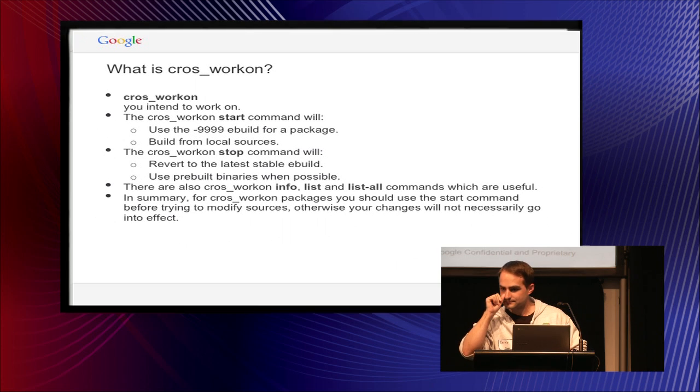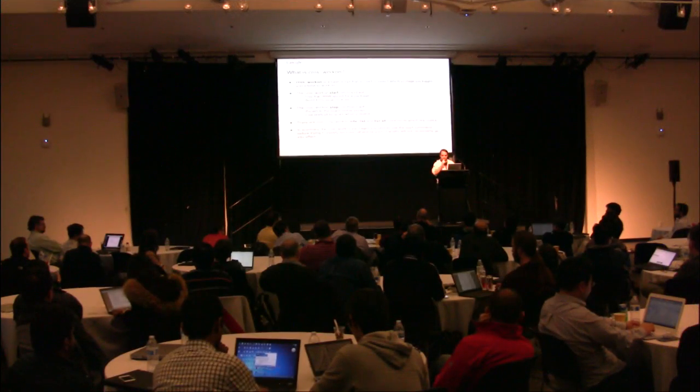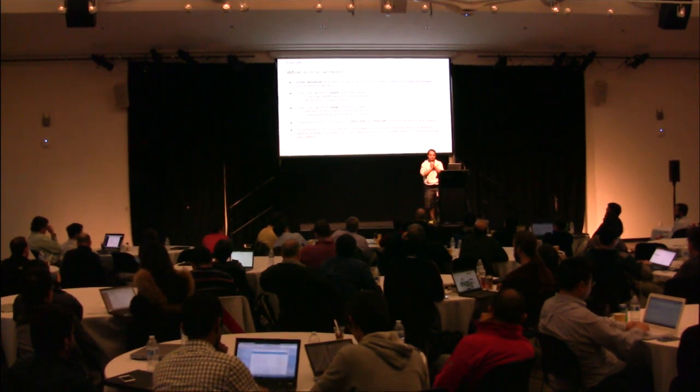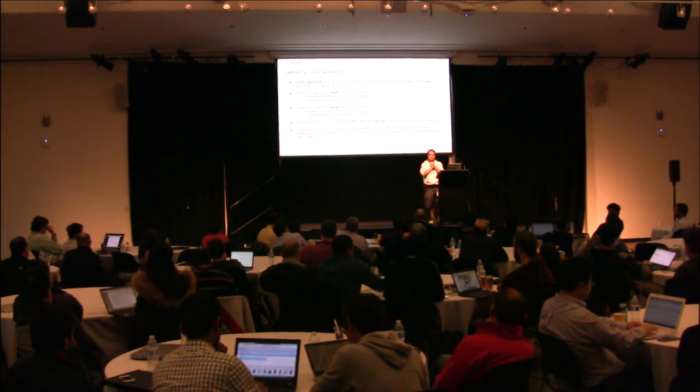Yes? Do you have a good way to generate a branch using Git for the build from source from the stable release? Basically, generate a Git branch from whatever hash the stable release was built at. So the question is, is there an easy way to get a Git branch from the stable version that the eBuild is currently pointing at? Yes.